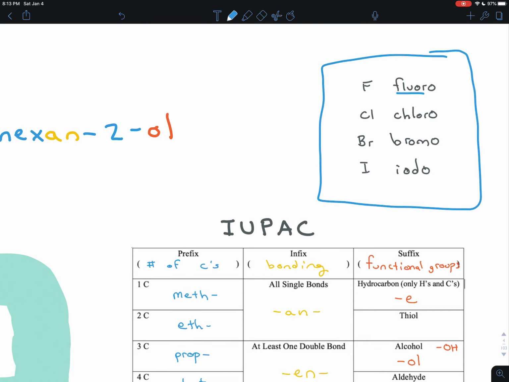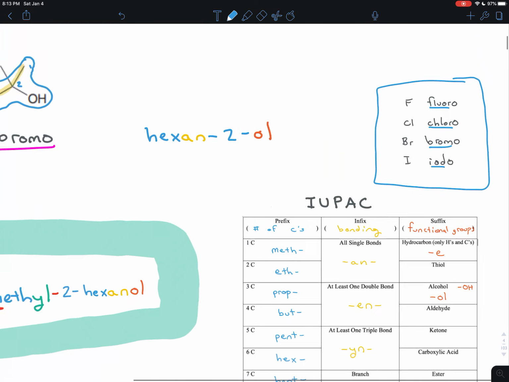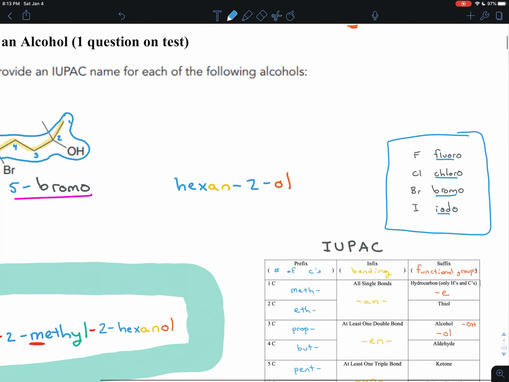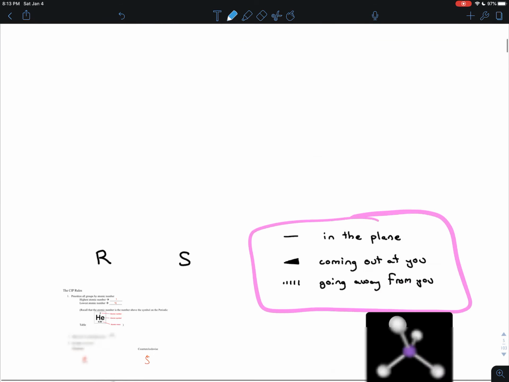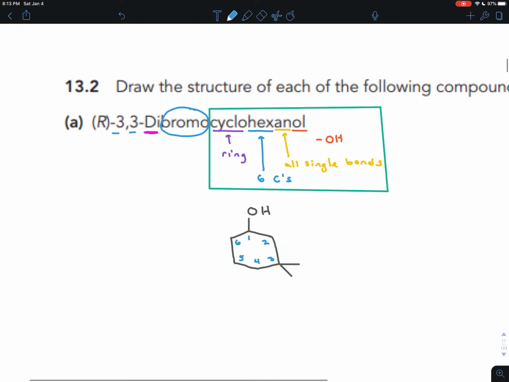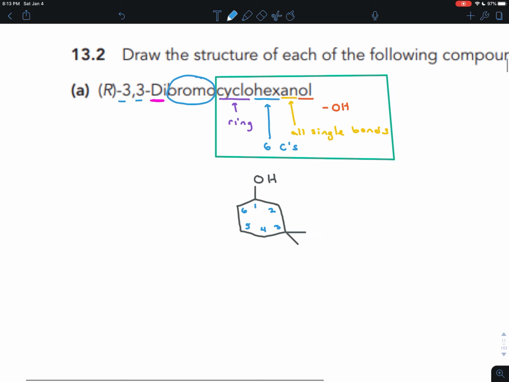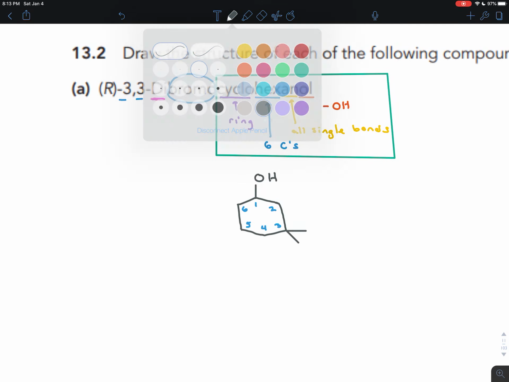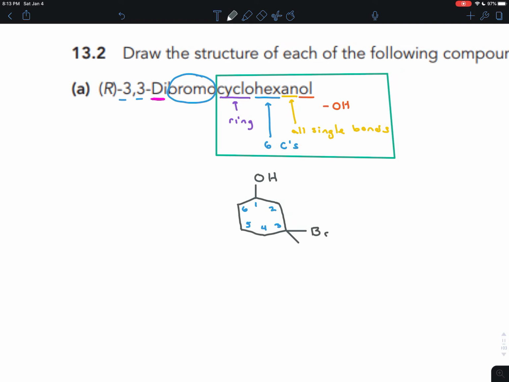You take the first syllable of all those and then just add an O, and that's the names of these things when there are branches. And so you can see that when bromine is a branch, it's called bromo. That's exactly what we have in this exercise. So we're going to have 2 bromine branches coming off of carbon number 3.